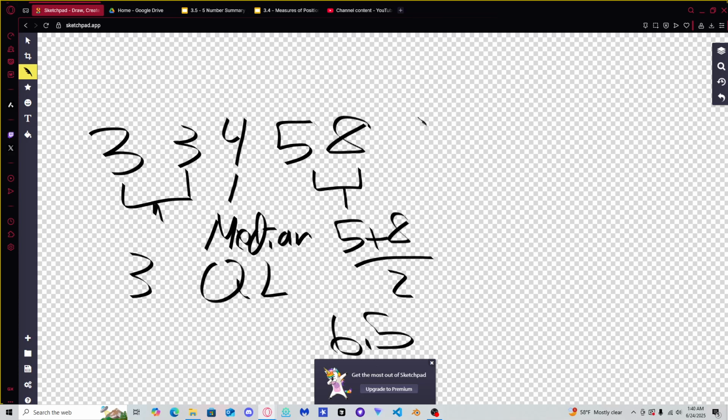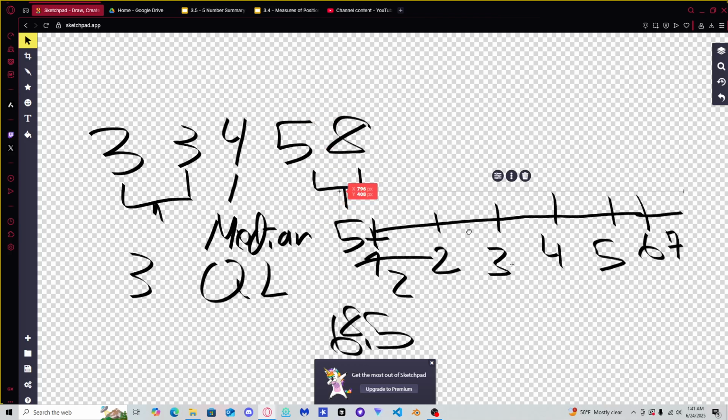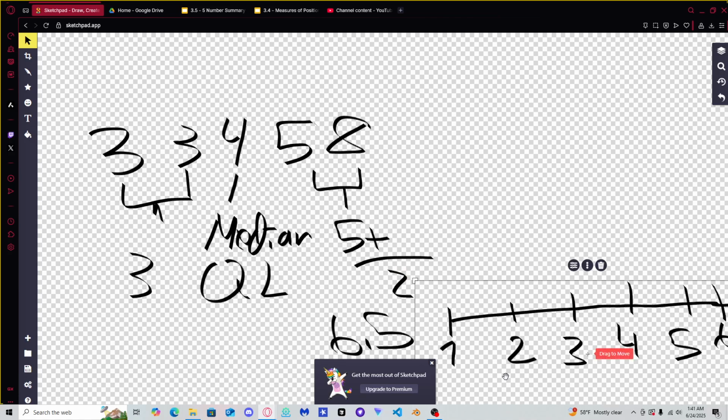So as you can see here, if we draw the box plot, we'll start from 1, just for simplicity, 2, 3, 4, 5, 6, and we'll go all the way to 7 right here. This is quartile 3, and I think we're going to have to move this a little bit to the left so we can have more space. Yeah, like right there. So we'll go a little bit lower.